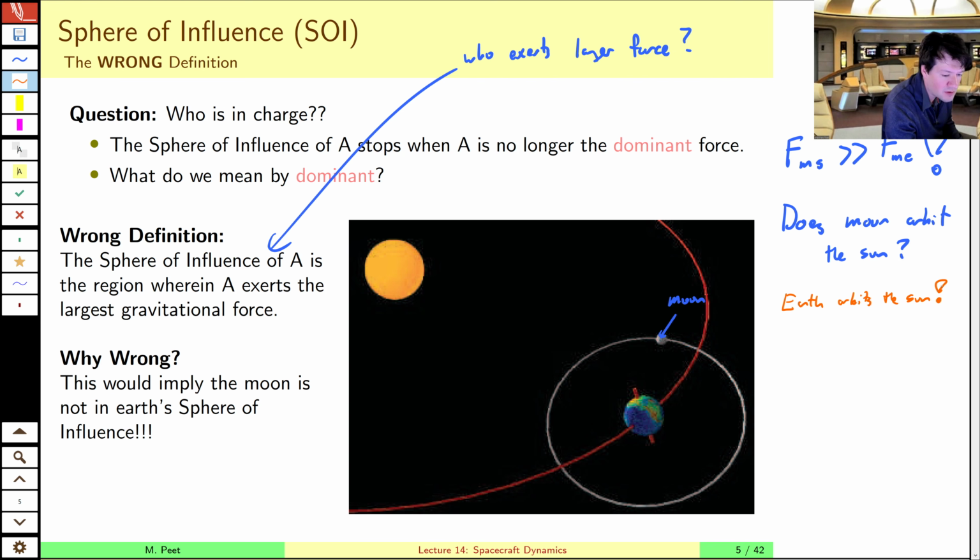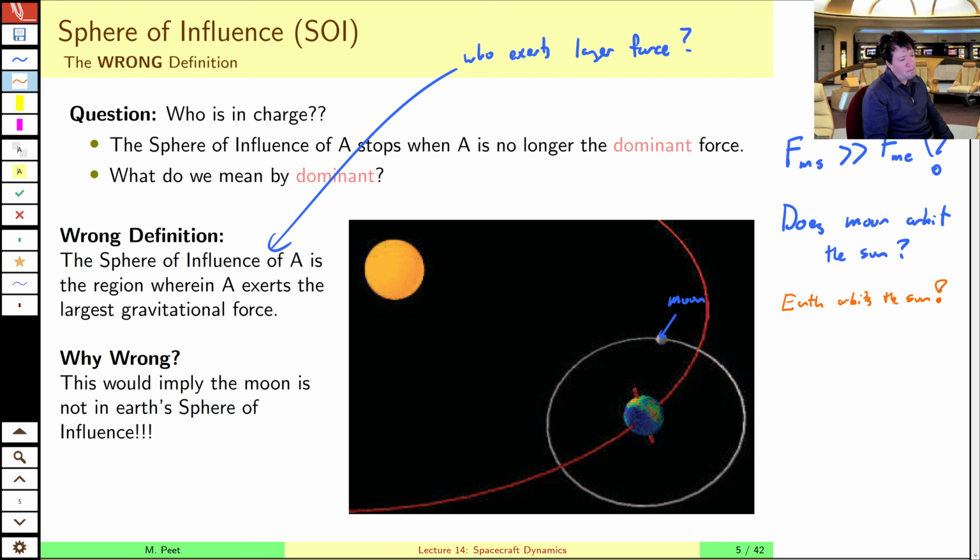Well, if I look at this, the moon is going around the Earth. True. But it kind of looks like the moon also goes around the sun. I mean, the moon goes around the Earth, and the Earth goes around the sun. So technically, the moon is also going around the sun, right?